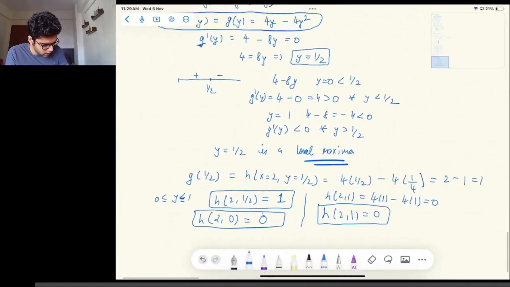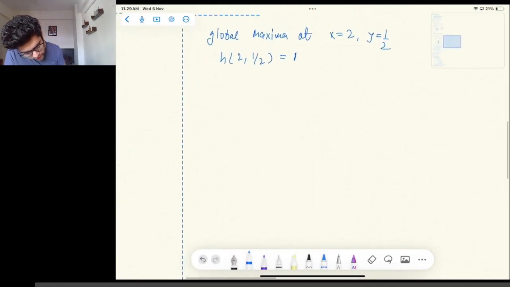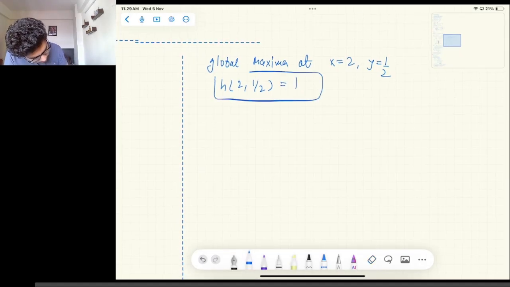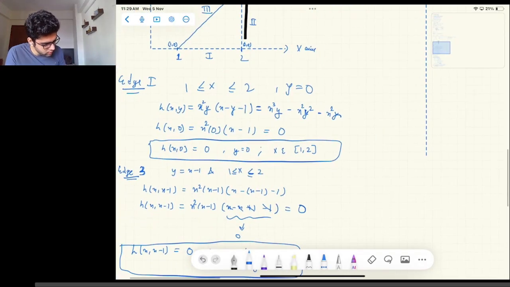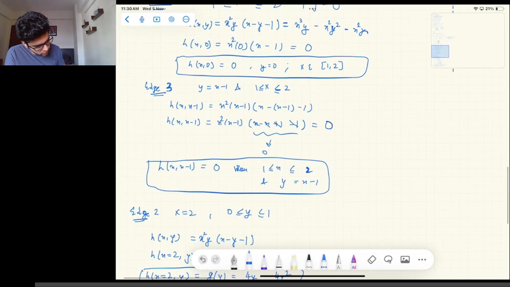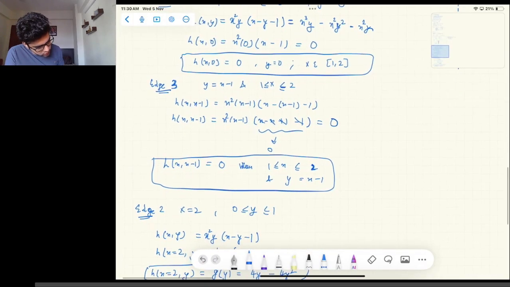Here it was 1. So 2 comma half is 1. And my global minima will be 0 here also, 0 here also; h1 and h3 are also giving me zeros.